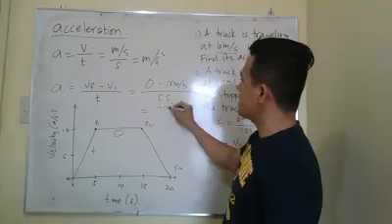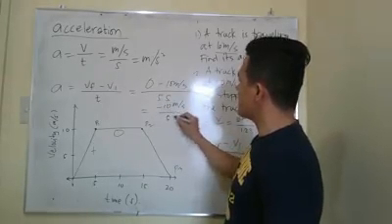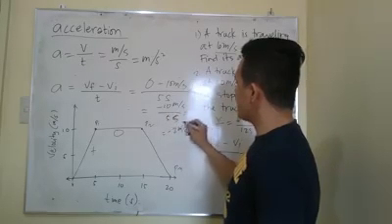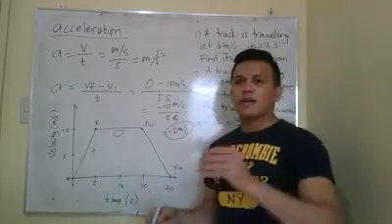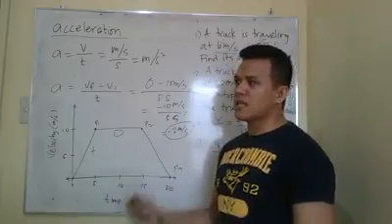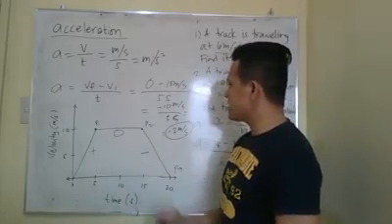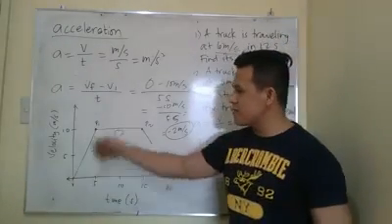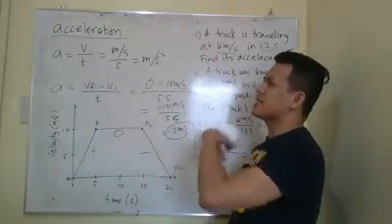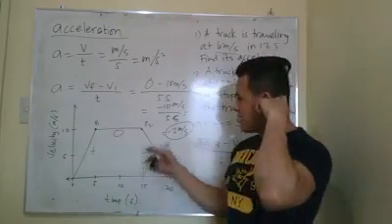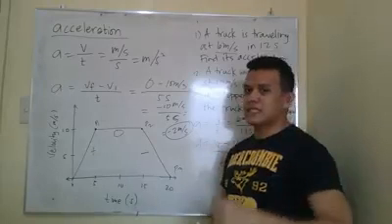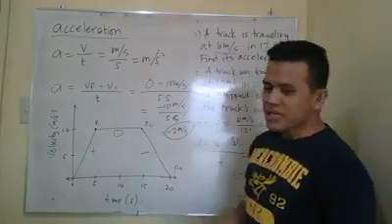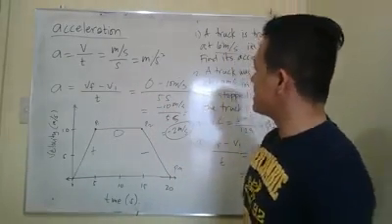So this is negative 10 meters per second over 5 seconds, equal to negative 2 meters per second squared. Always remember, teachers, when an object is traveling at a certain speed and then suddenly stops, the acceleration is negative and we call it decelerating or deceleration. We usually refer to everything as acceleration, but when it suddenly stops, the object is decelerating. Other books call it deceleration. Now, we're done with the acceleration.